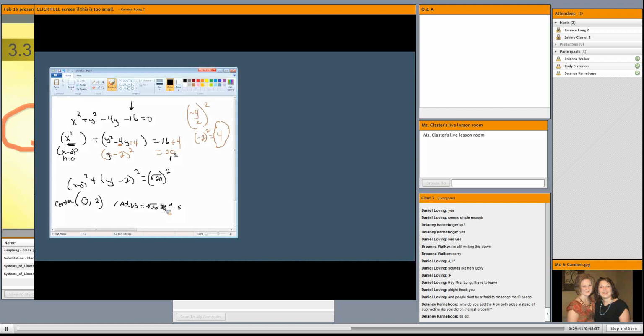So if we were to sketch that, it's really easy to sketch. 0, 2 would be here. And then I would go up 4.5, I'd go down 4.5, I'd go right 4.5, and I'd go left 4.5, and then this ordered pair would be the square root of 22. This one would be the negative square root of 22.